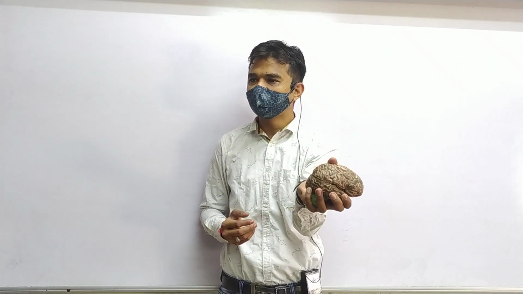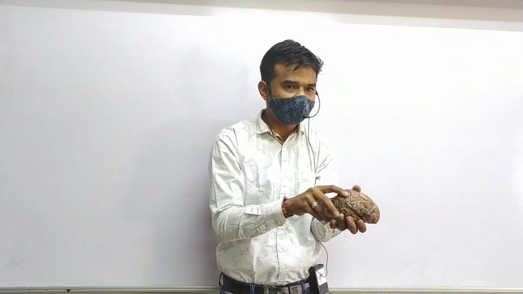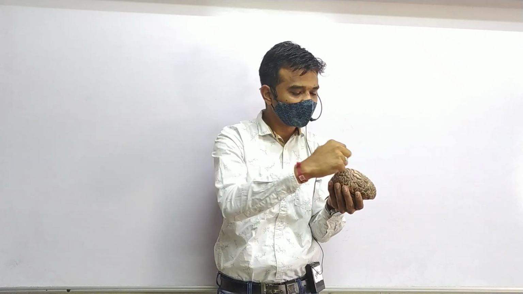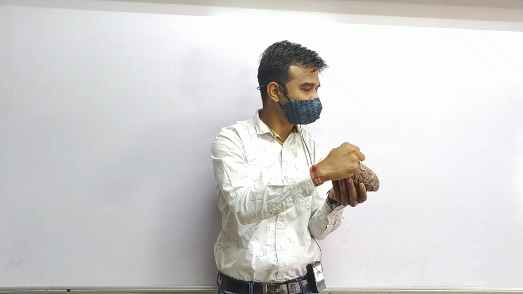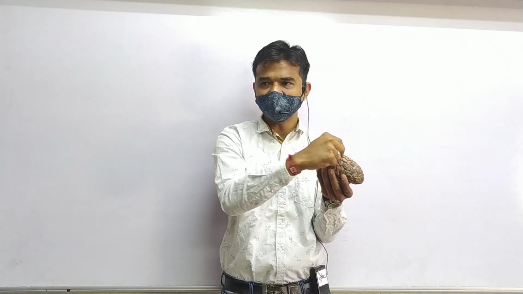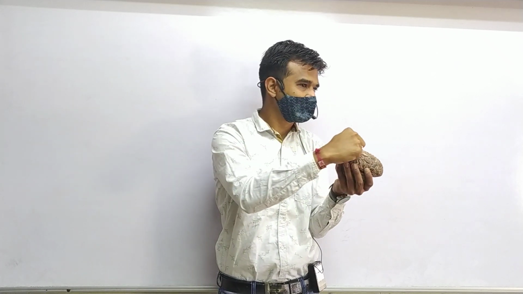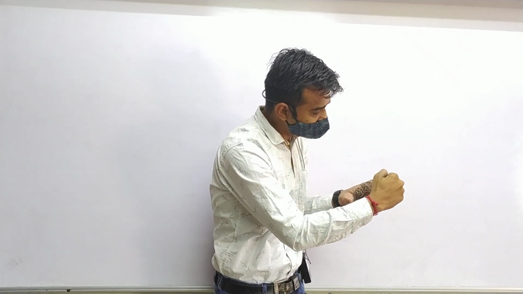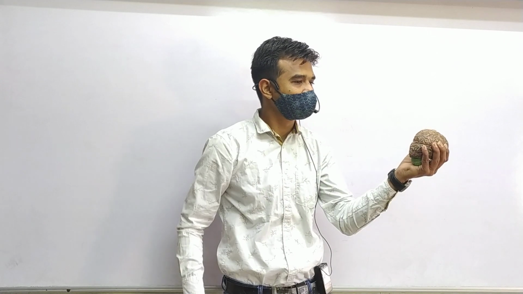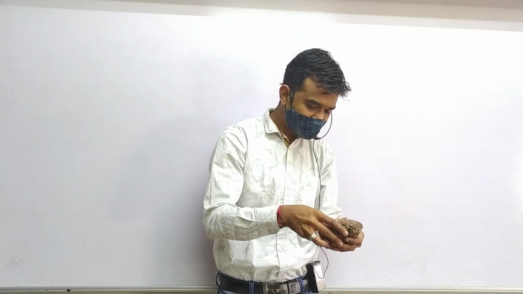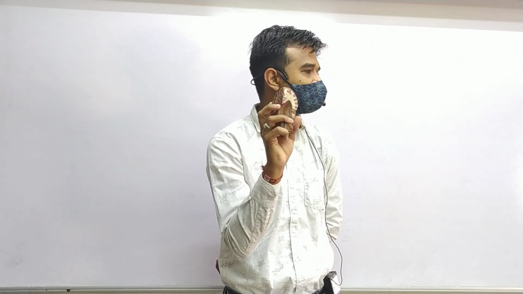So this is from the plexus, and here you see the elevated portion is known as gyri, and the depressed portion is known as sulci. And this one is the most important one.